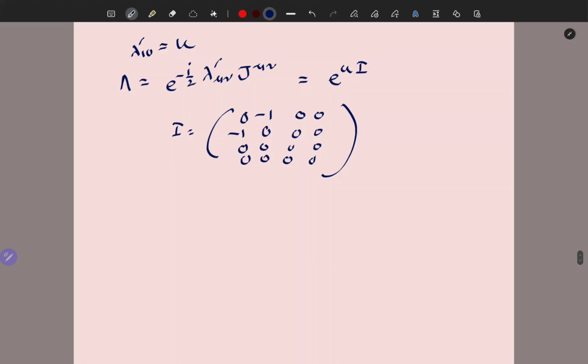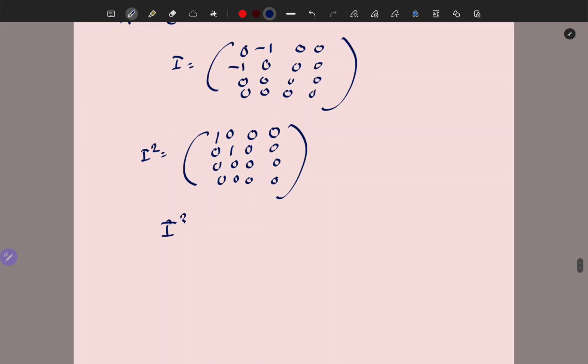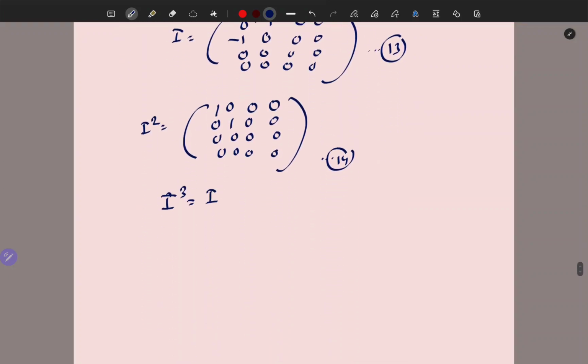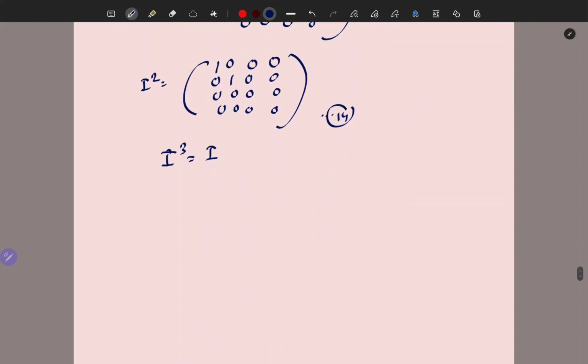And I satisfies that I squared equals the diagonal matrix 1, 1, 0, 0, and I cubed equals I. This is equation number 14. This is equation number 13. This is using 13 and 14, and we recovered equation number 10.